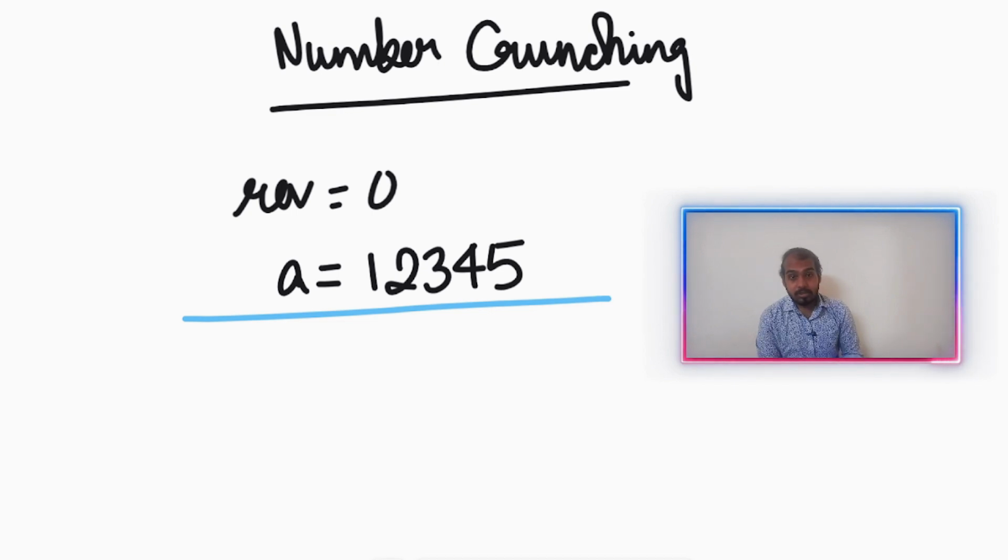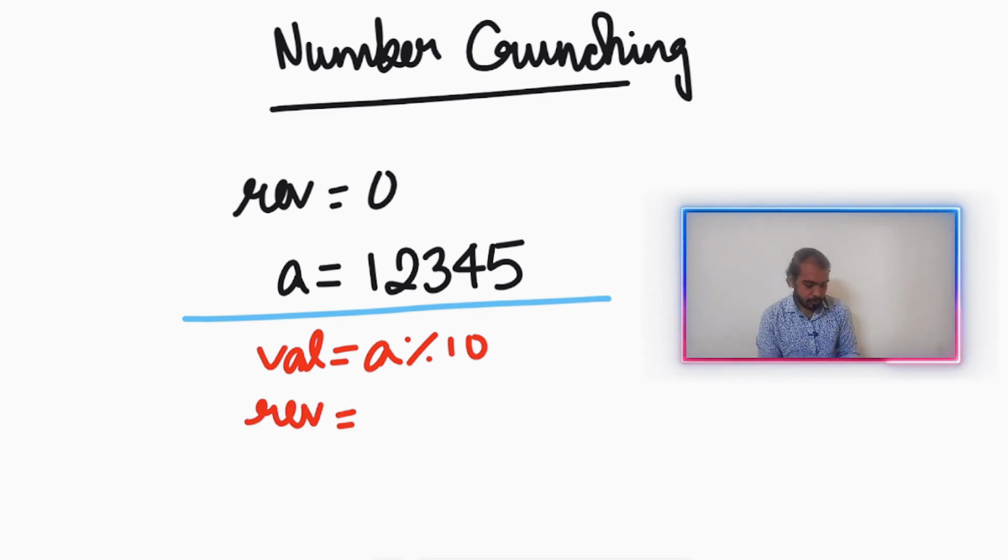First thing, collect the last digit. I'm going to collect the last digit in val. val is equal to a modulus 10. After collecting it, I'm going to use one small formula on reverse. Reverse is equal to reverse into 10 plus val.